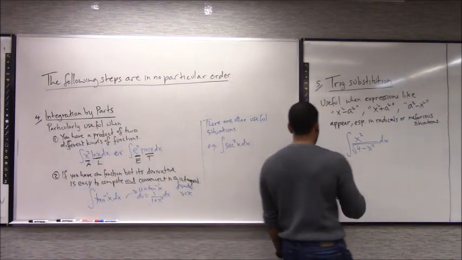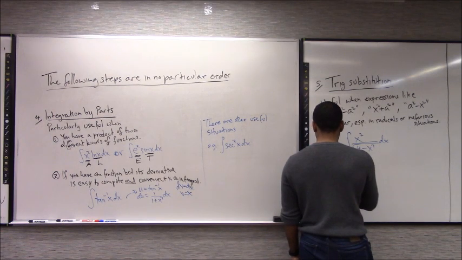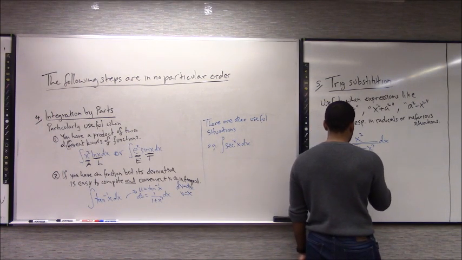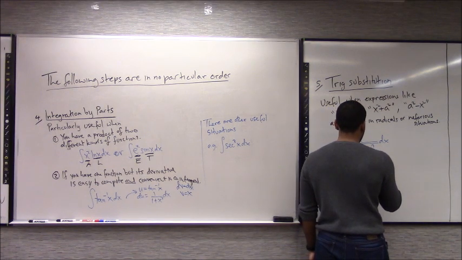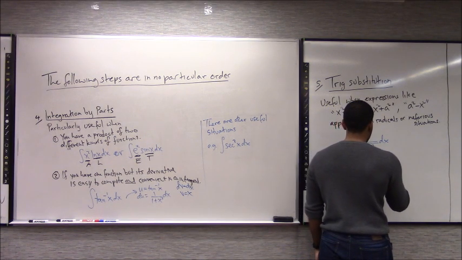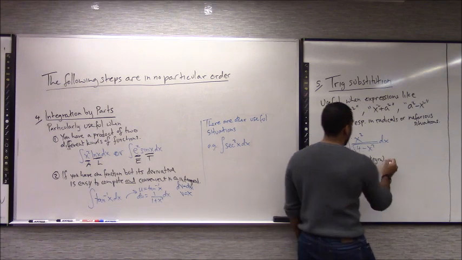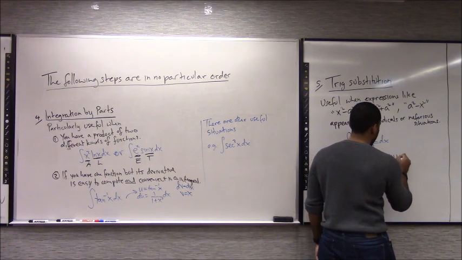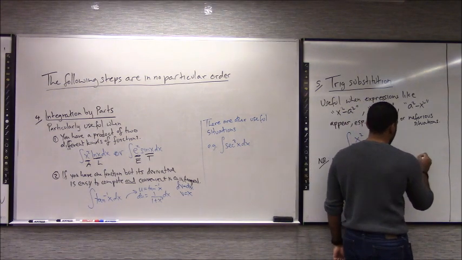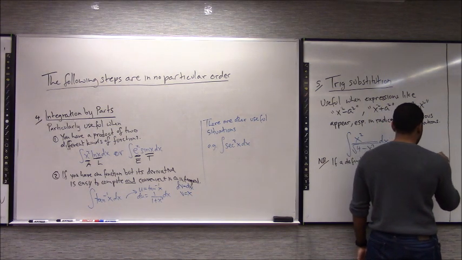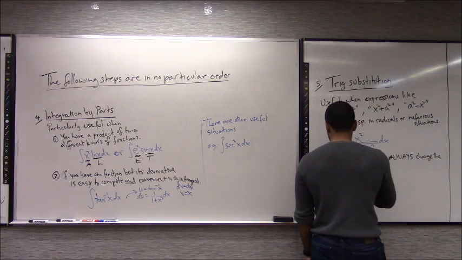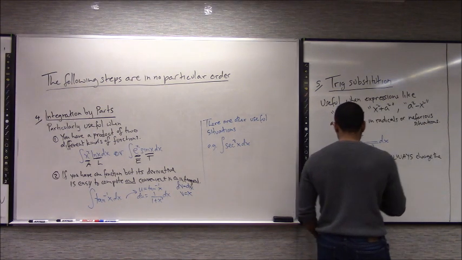Now, one thing I would note with the trig substitution is if it's a definite integral, right? Meaning you have numbers on here, always change the limits. Now in general with definite integrals, you have options.